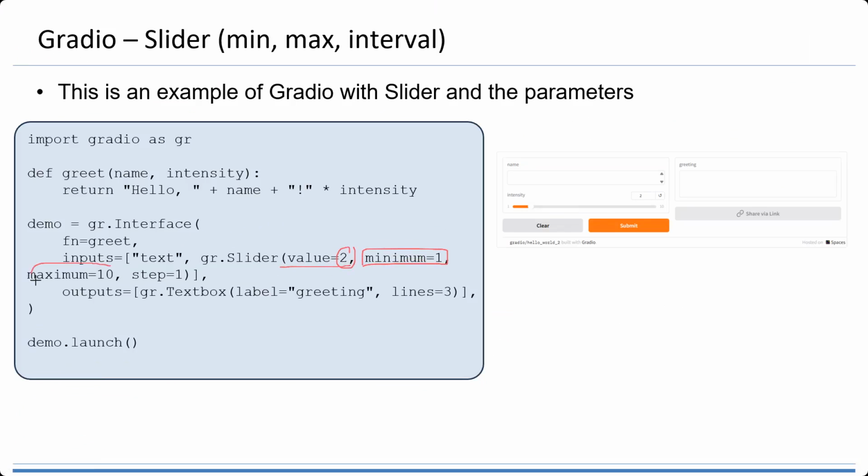The maximum is 10 and the step is 1. It means whenever you slide this slider, you can only slide with one step, the minimum is 1 and the maximum is 10. The initial value is 2.